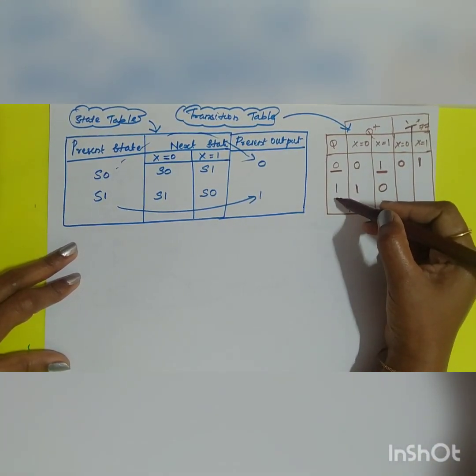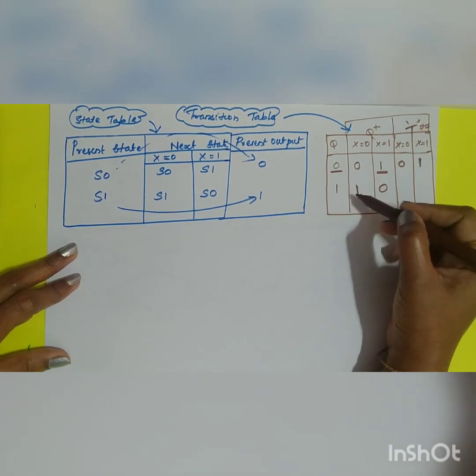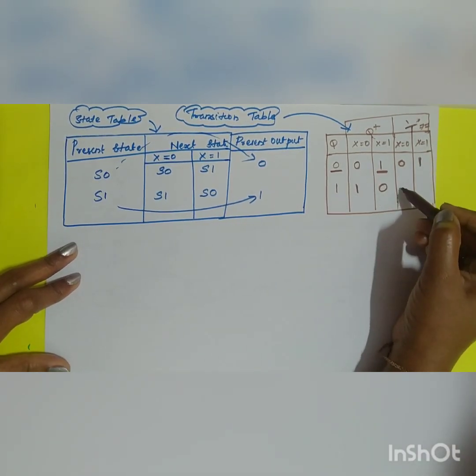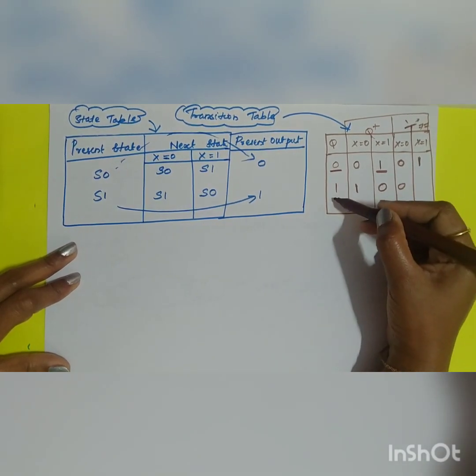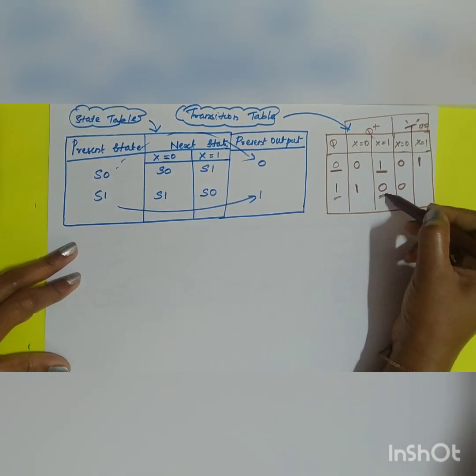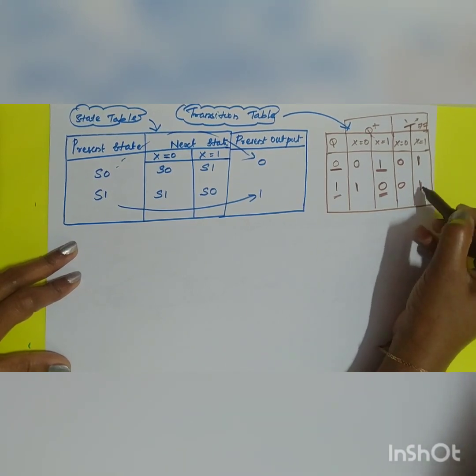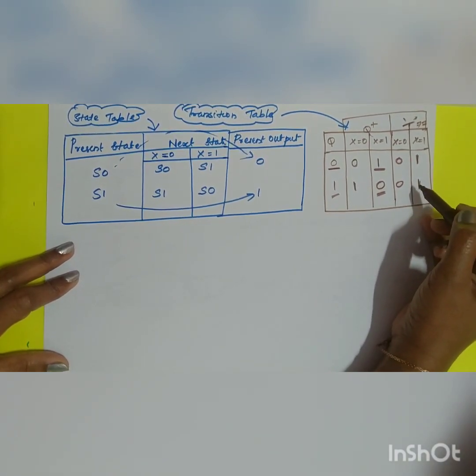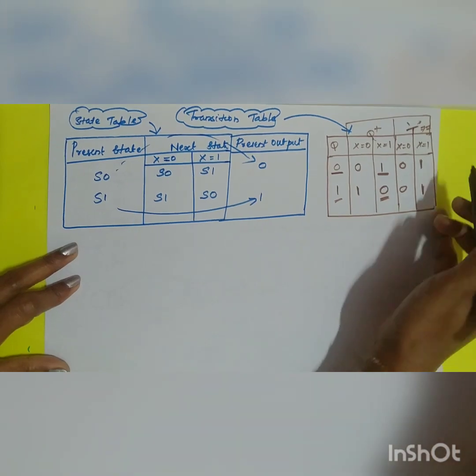Now what is happening in this case? Q is equal to 1, x is equal to 0, there is no change. So your value will be equal to 0. Q is equal to 1, q plus is equal to 0, there is a change. So your value will be equal to 1. So what will be your output?